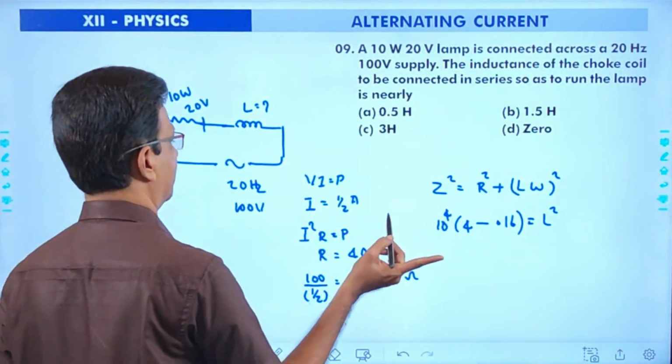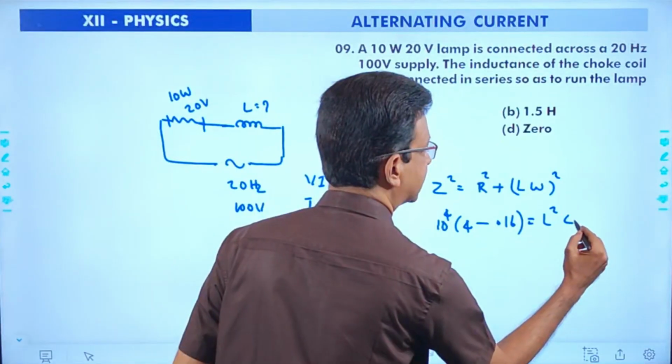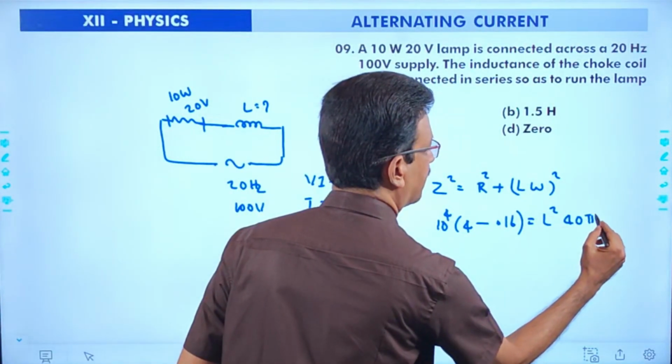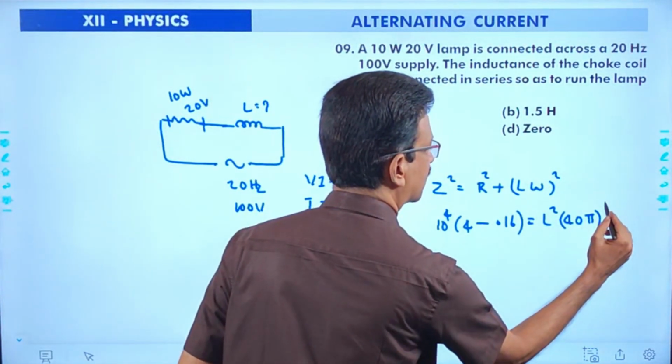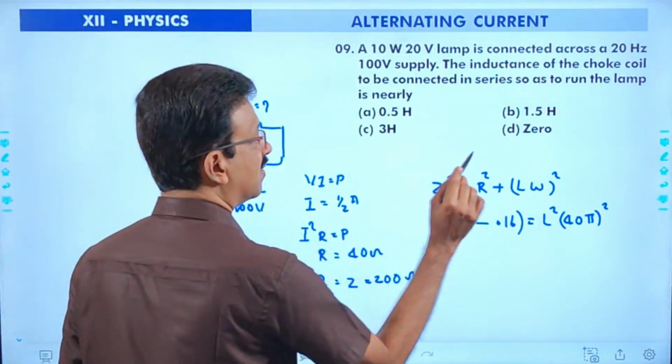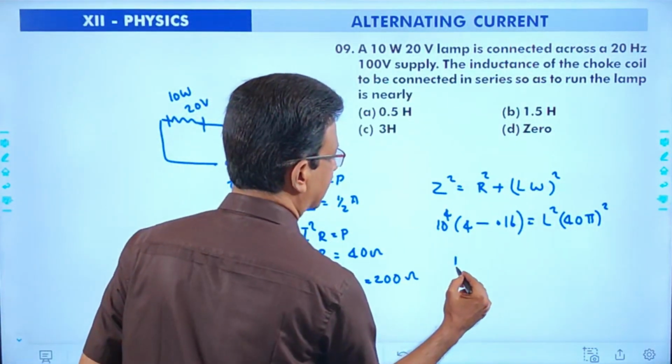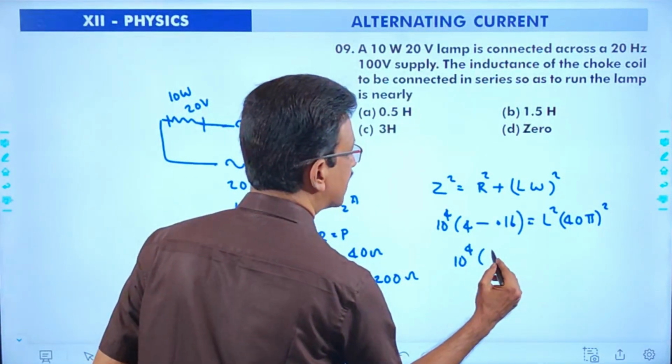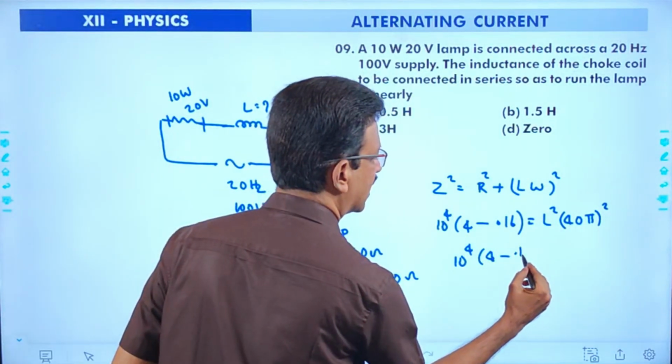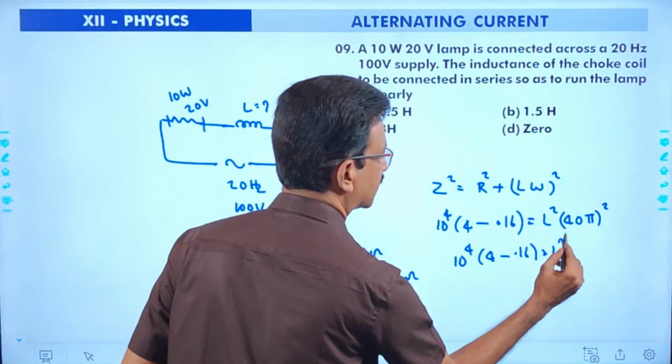Omega is 2 pi f. Frequency is 20 hertz, then 40 pi omega square. This is the substitution. 40 pi square means 10 raised to 4 into 4 minus 0.16 equal to L square.